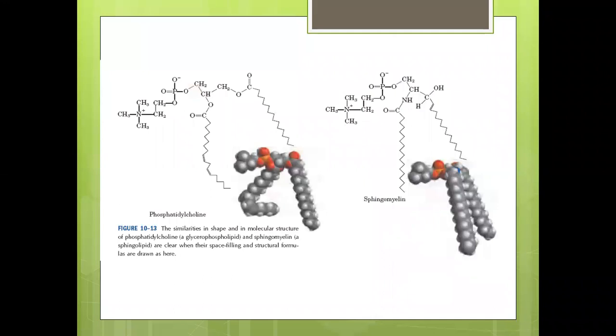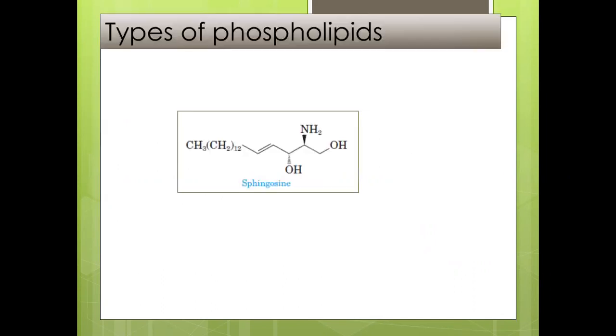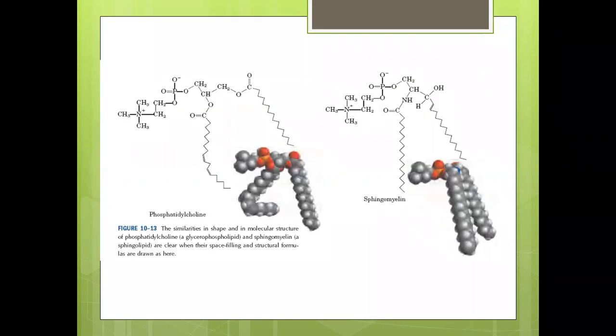Another one. So the similarities in shape and molecular structure of phosphatidylcholine and sphingomyelin. There is another class of phospholipid, which is sphingomyelin, but there is a difference in their structure. Earlier we talked about the phosphatidylcholine.